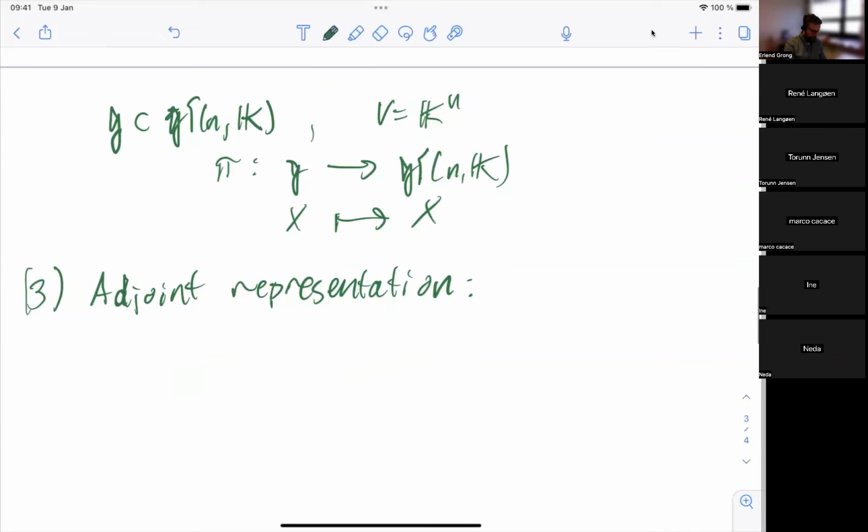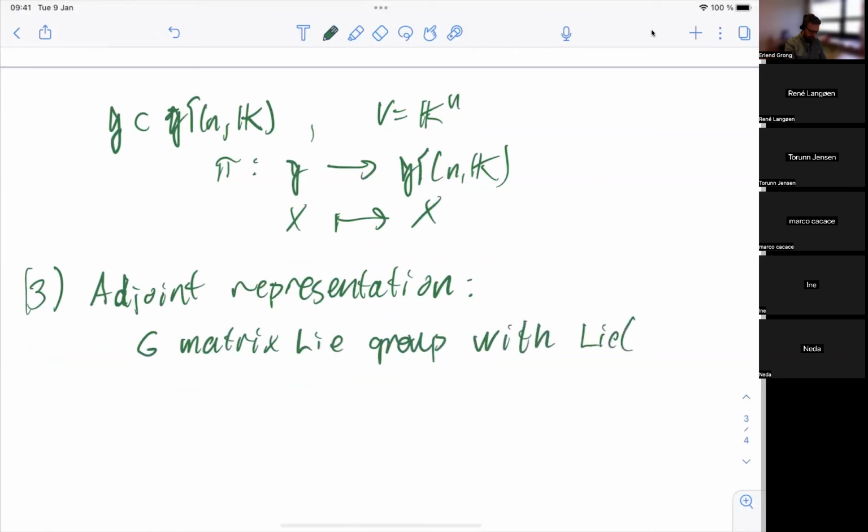And the adjoint representation you've seen as follows. Let G be a matrix Lie group with Lie algebra g.